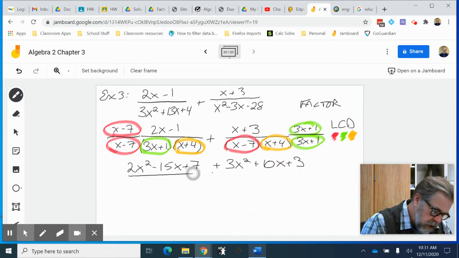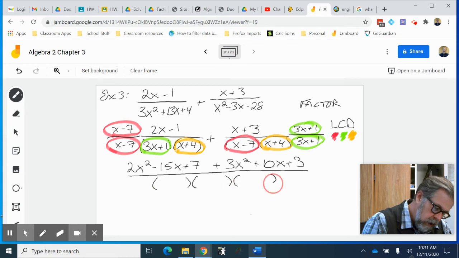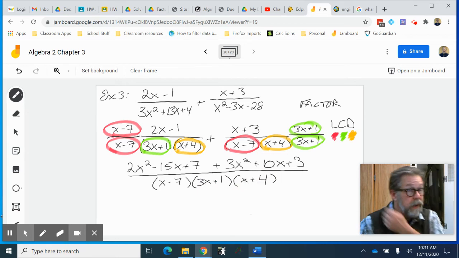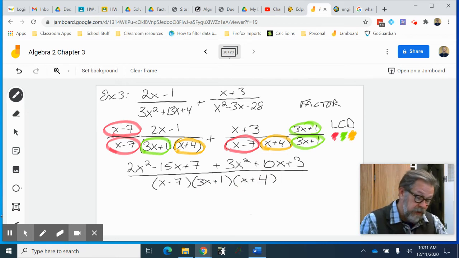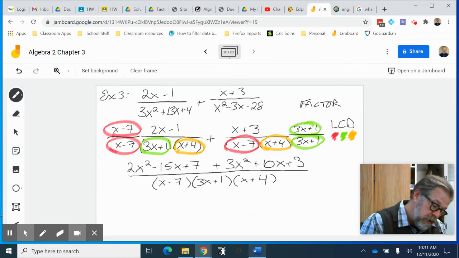And this is all over red, green, gold, x minus 7, 3x plus 1, x plus 4. Now, another common error. Right now, people say, oh, I could factor 2x squared minus 15x plus 7, and they write it as x minus 7 times 2x minus 1. That doesn't help us. That's just going backwards. What I need to do instead is combine like terms.